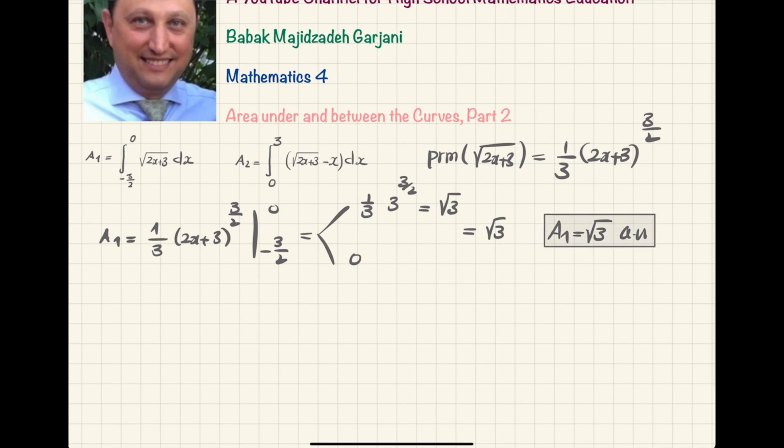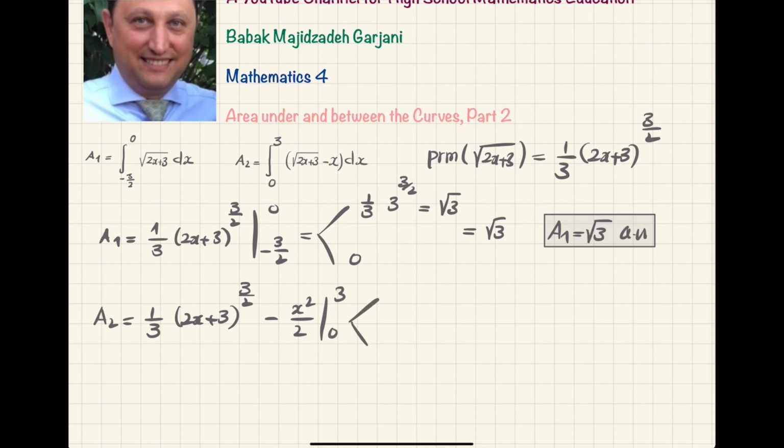And now I want to calculate A2. A2 consists of two parts. In the first part, the primitive function is the same, but of course the limits are different. So don't think that you don't need to calculate. You have to calculate it again because the limits are from 0 to 3 this time. So it becomes 1/3 (2x plus 3) to the power 3 over 2, and then minus the primitive function for the next one, which is very simple, x squared over 2, from 0 to 3.